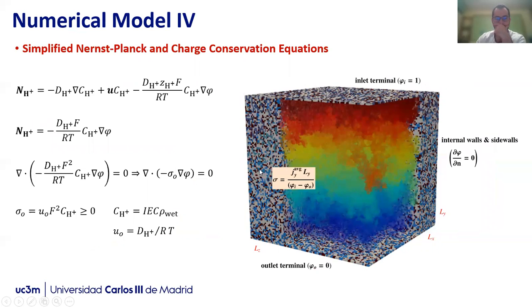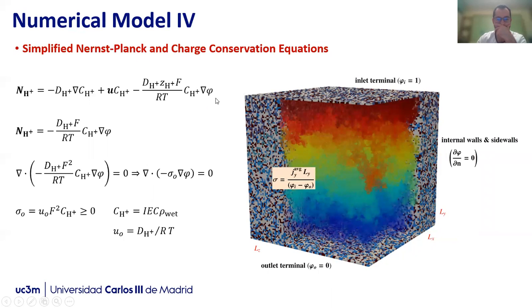Okay, and then we have to solve some equations. For proton transport, we have the Nernst-Planck equation. In our case, we don't have convection, and we assume that the charge of protons is constant in the material, so this gradient is negligible.